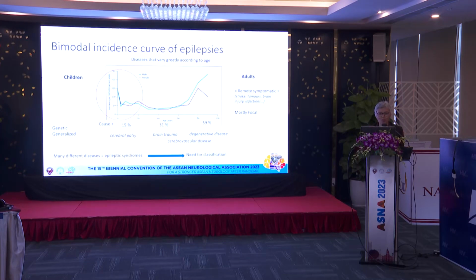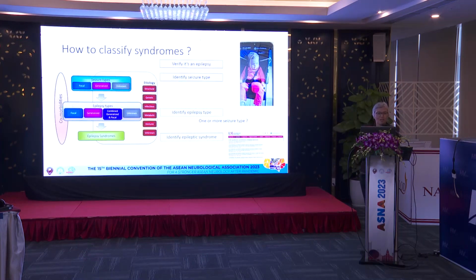And for those who were yesterday in the epilepsy session, you already have seen this schema presented by Professor Somerville of the new 2022 ILAE classification, and the way to classify syndromes.